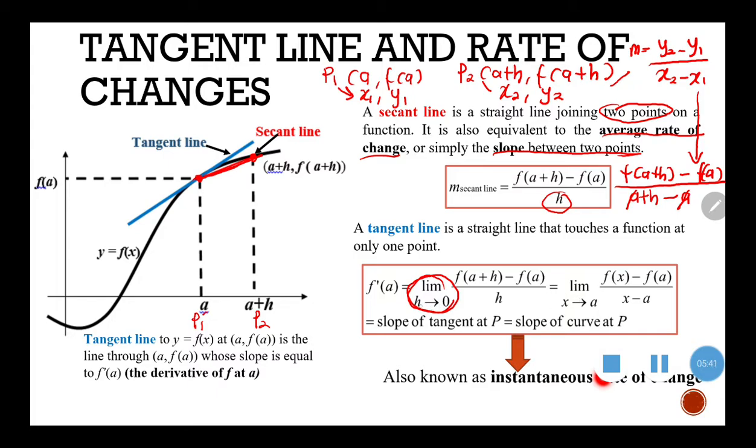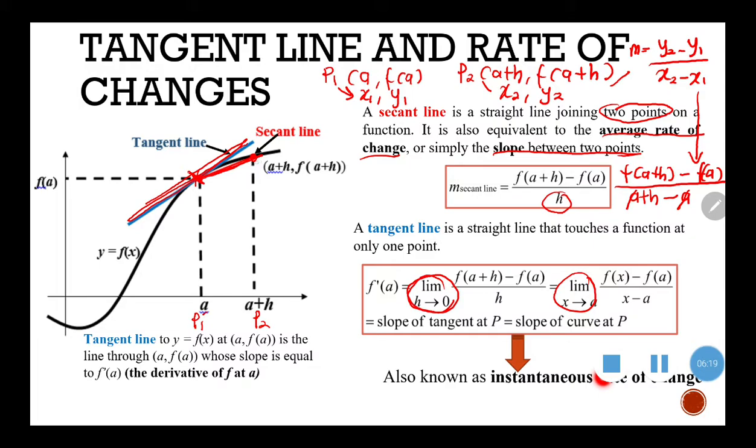So you can either use limit as h approaches 0, or limit as x approaches a, depending on the question. Okay, first let's recap what a tangent line is. Tangent line is a straight line that touches a function at only one point. So the point here is A, only one point.